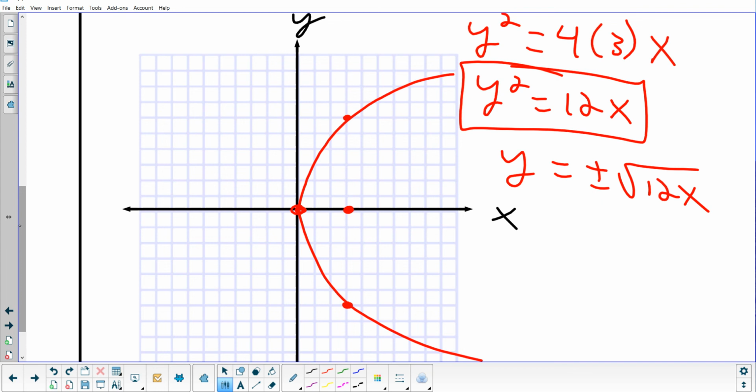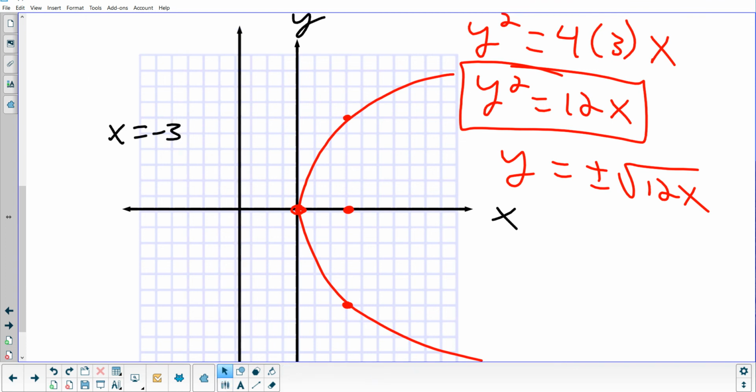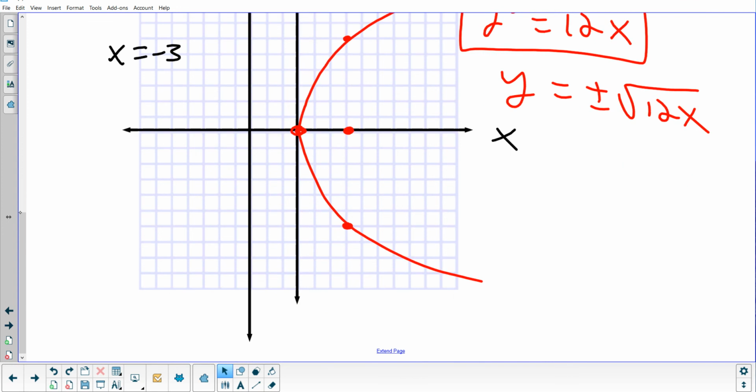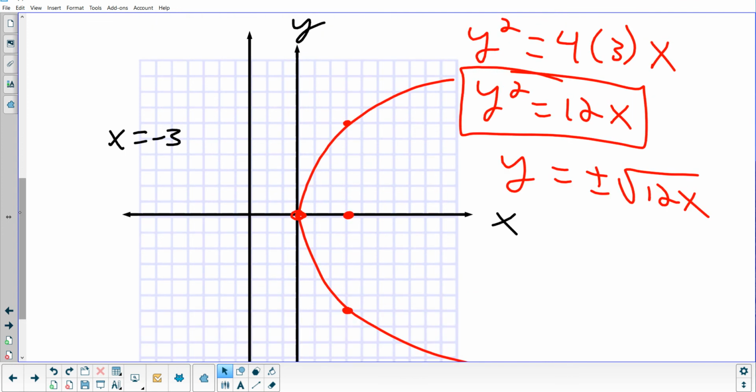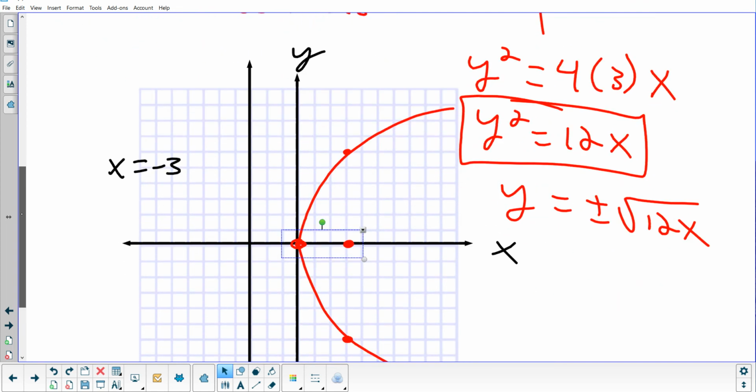X equals -3. So here is your directrix. And the distance between the directrix and the focus is always 2A. Okay. All right. Questions on that?